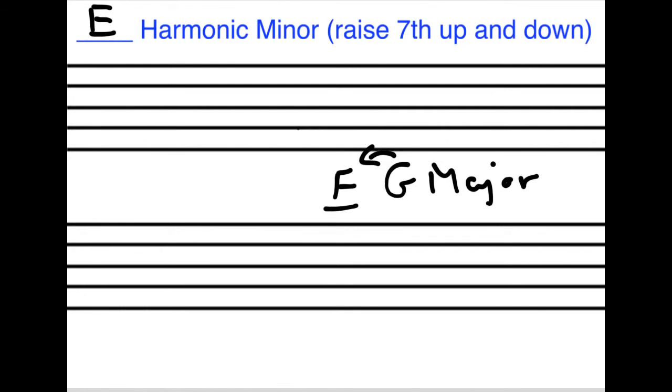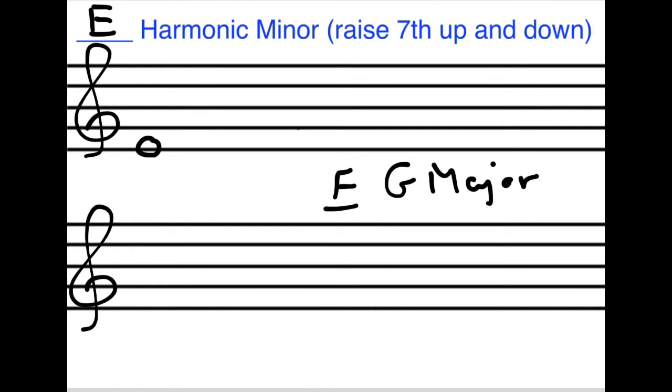So if G major has one sharp, its relative minor, E minor, also has one sharp. So what we need to do then is add that F sharp into the scale of E minor. That's the first thing we do. So let's draw our treble clef. We'll keep it to the same clef as what we had for the major scales.